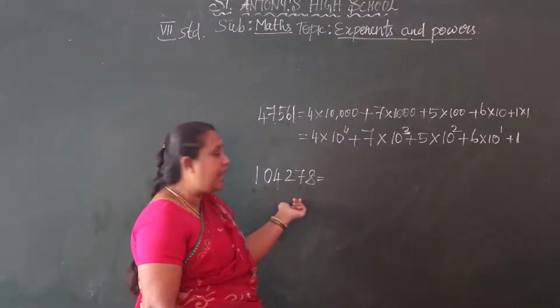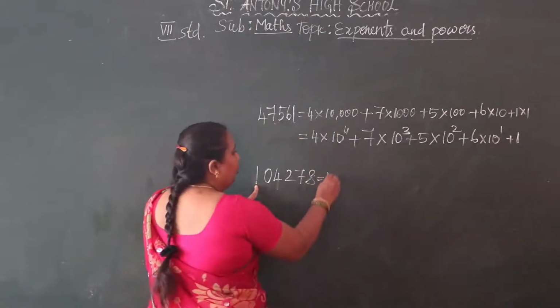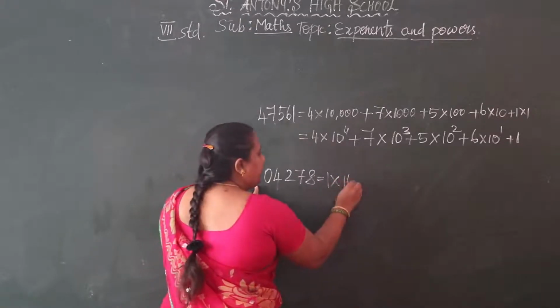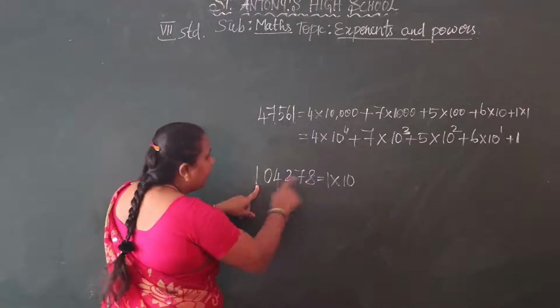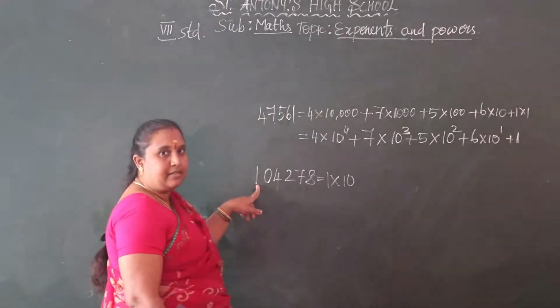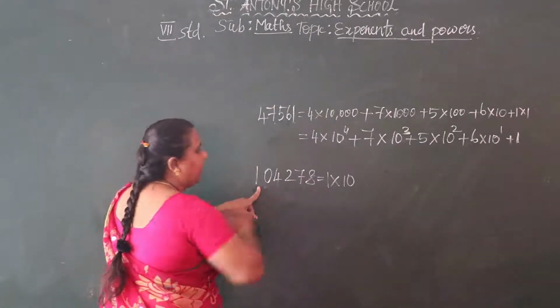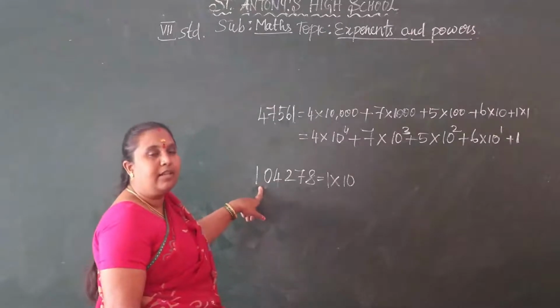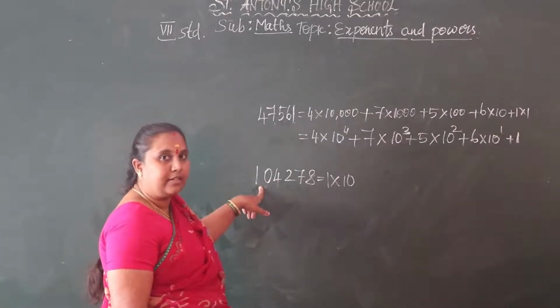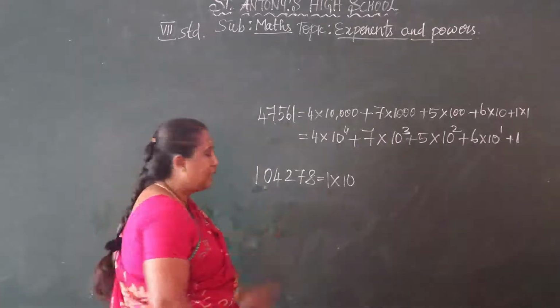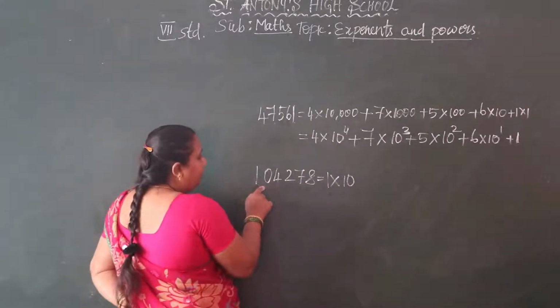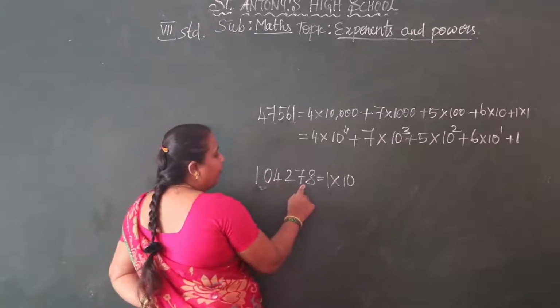Let us start. 1 into 10 to the power of how many zeros? We count the numbers that come after it, and that many is the exponent we write. Leaving the 1, we count 1, 2, 3, 4, 5.